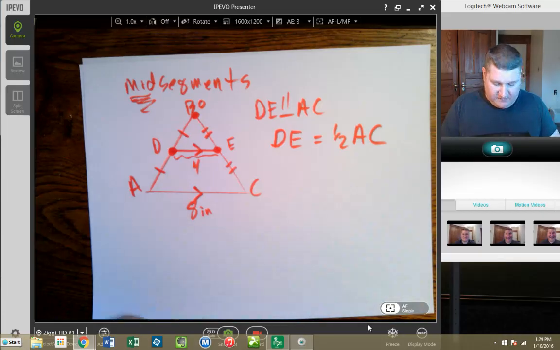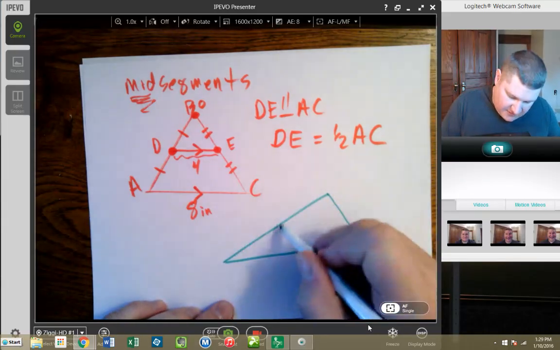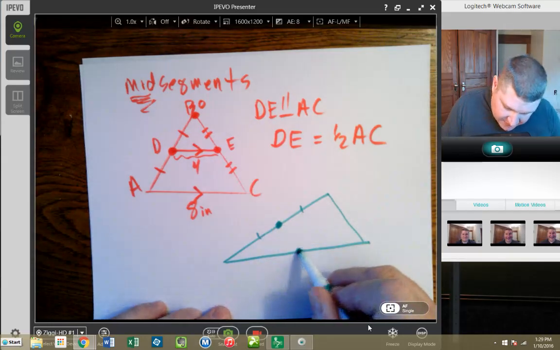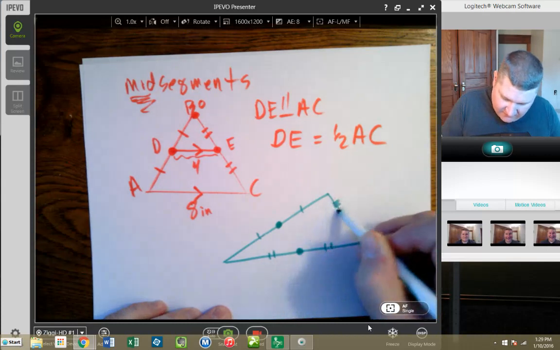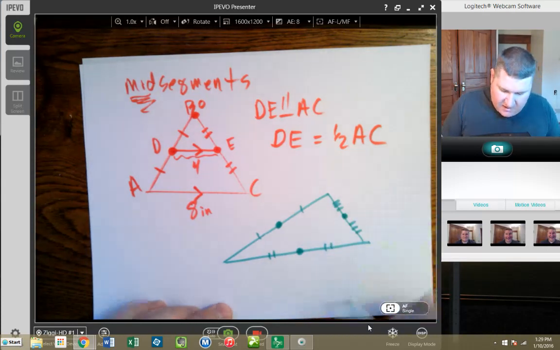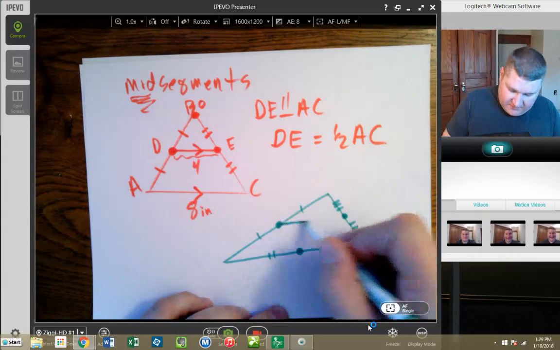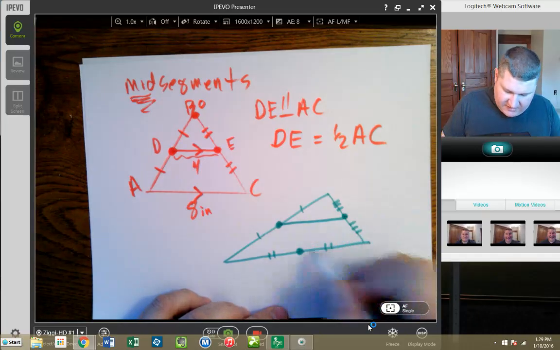Now, while we're at this, we can do another little cool thing. Let's take this triangle here. I want to go halfway, and here I have halfway. What I end up with is this midsegment, which we now know is half of the base.